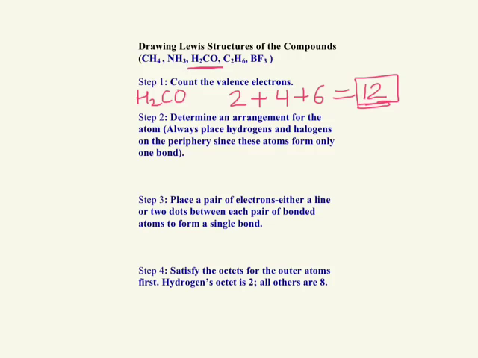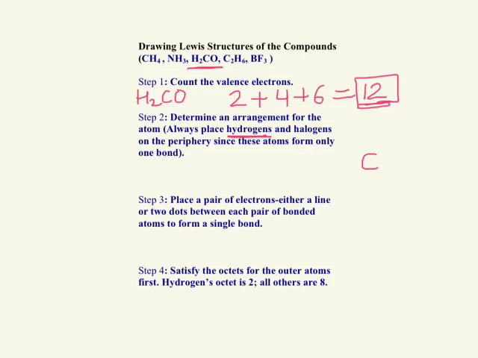Using these 12 valence electrons, we have to show that each and every element has an octet. Then determine an arrangement for the atoms, and again place hydrogens always at the periphery.